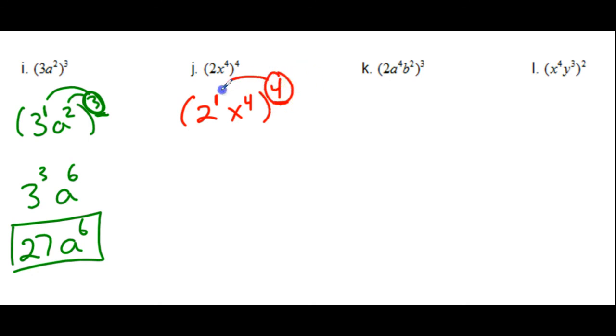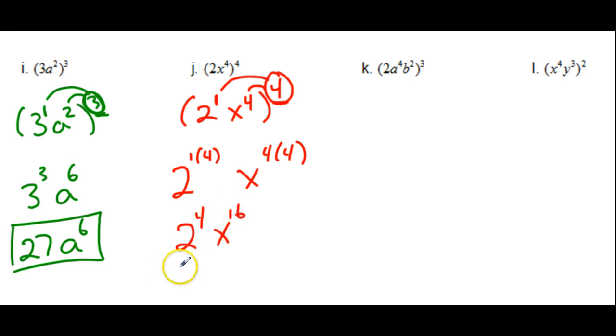So 4 times 1, so that's 2 to the 4th, all right? 4 times 4, that's x to the 16th, all right? Let me actually write that out, just so you guys see. So 2 to the 1 times 4, x to the 4 times 4, all right? So that's going to be 2 to the 4th, x to the 16th, right? And 2 raised to the 4th is also 16, so this is going to equal 16x to the 16th.